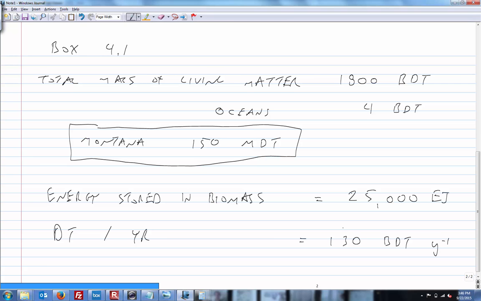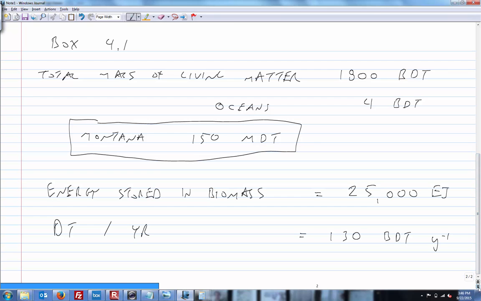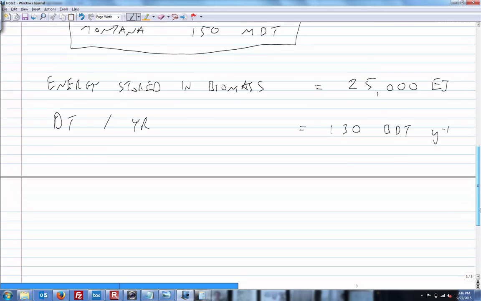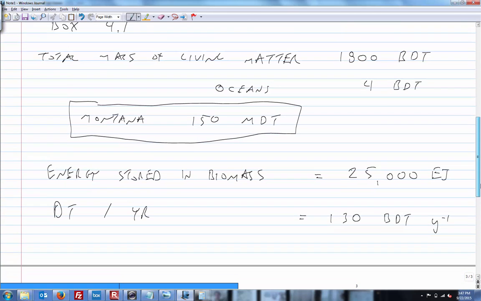How can we determine if that's actually keeping up with production? We actually need to turn that into exajoules. Any idea how to do that based on what I just showed you? Little math problem. Let's do it this way.